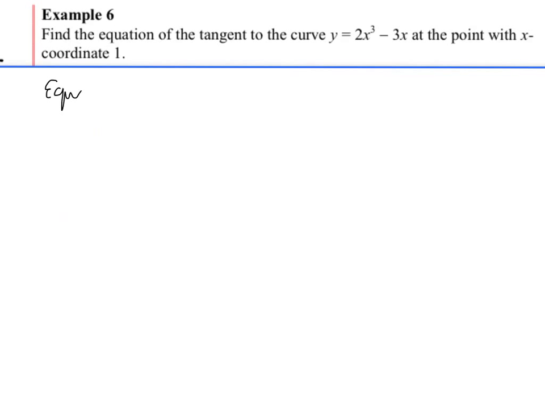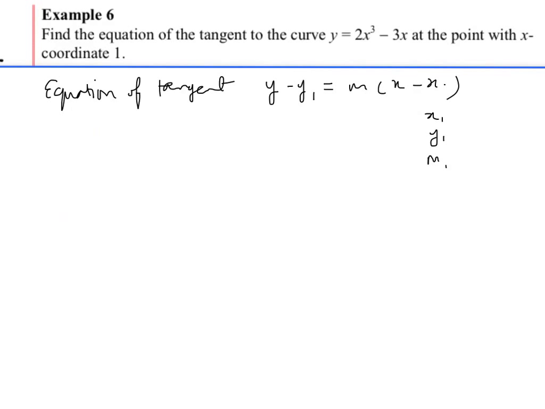The equation of a tangent, which is a straight line, is y minus y1 equals m times x minus x1. So it turns out we need three things. We need to know what x1 is, what y1 is, what m is. Now we know the x coordinate is 1. We need to work out what m and y are going to be.